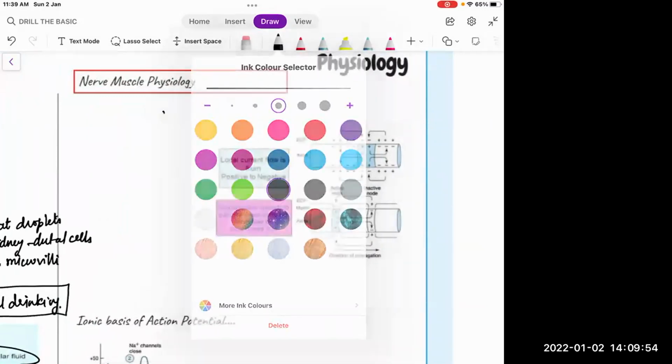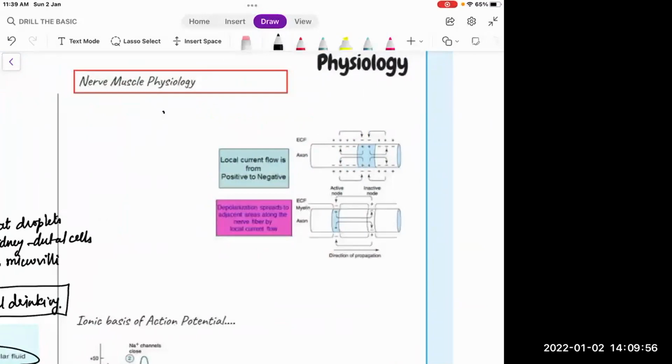The first one is, when you take a cell, whether it is a nerve cell or a muscle cell or any other type of cell, when it is remaining in the normal resting stage, you call it the polarized state. It means the cell is unexcited.